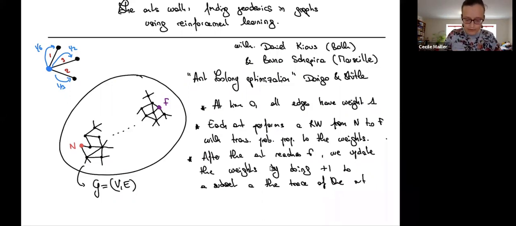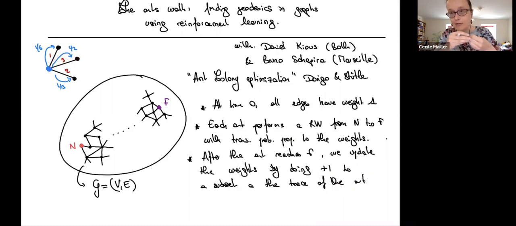Before telling you how we do that, I just want to insist on one thing on this slide. It's on the fact that this is really a reinforcement model, right? Because we reinforce the edges by doing +1 on them. And I want to say it's a linear reinforcement model, because you see 3 here represents somehow the amount of pheromones that have been left on this edge, and the ant crosses this edge with probability proportional to this number.